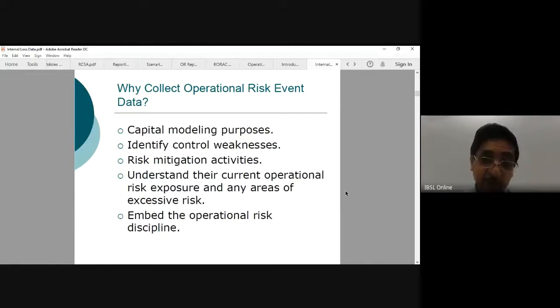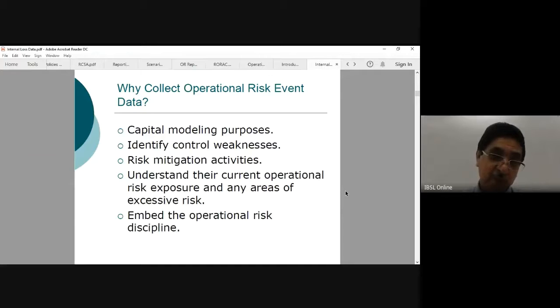The level depends on the impact of the risk and its frequency. In that way, you should be in a position to identify the operational risk.